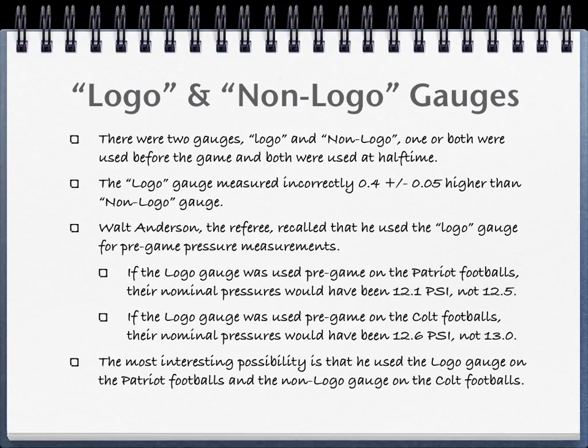I emphasize nominal because one of the things that I'm going to look at in the course of this presentation is the fact that in general, if you inflate a ball up to an expected pressure value, the pressure will actually decline by several tenths of psi subsequently as the ball reaches equilibrium.